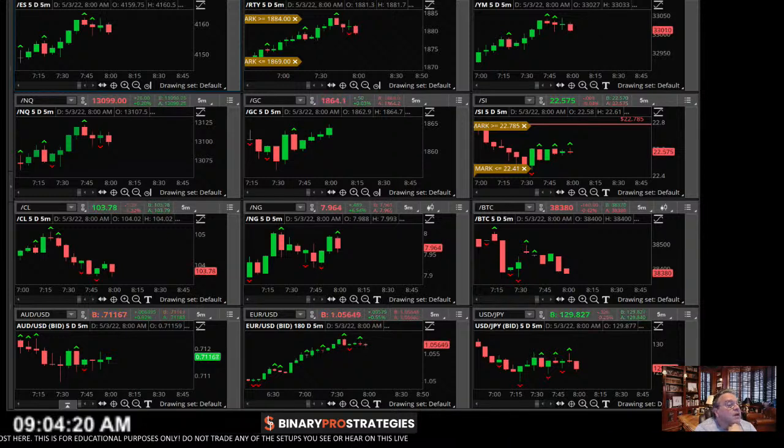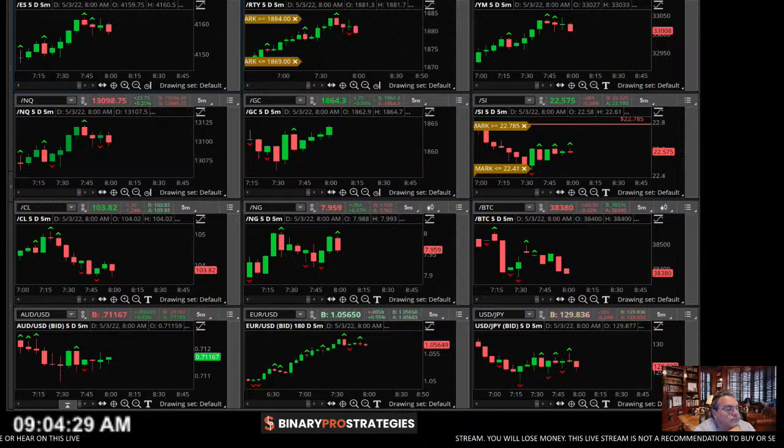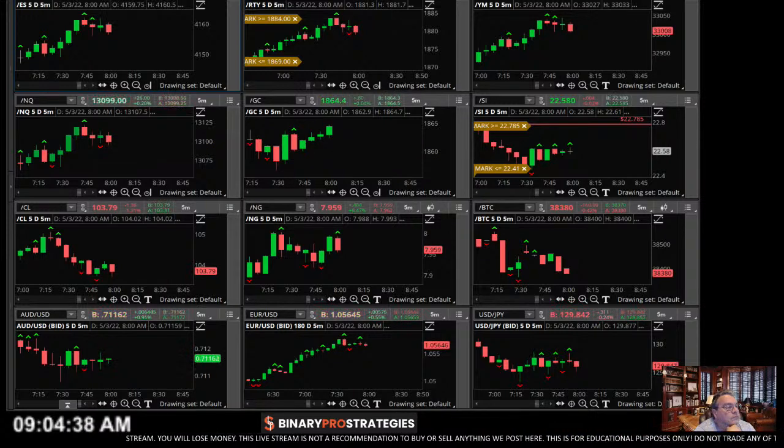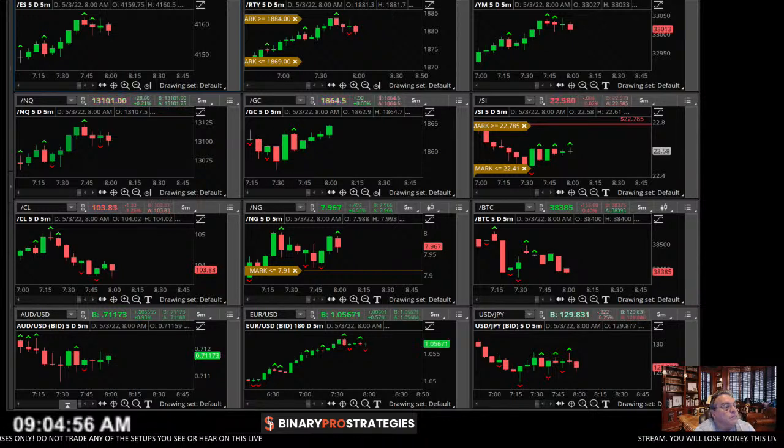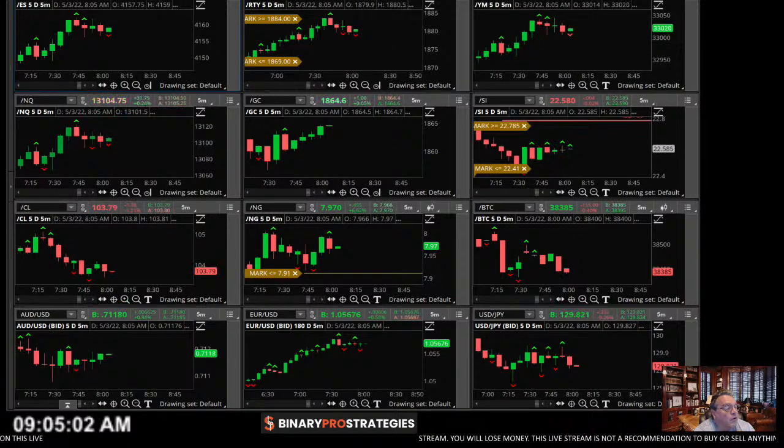Target is going to be 7.91. And if we need to reverse on this natural gas, we're going to reverse at 8 even. That would be our reversal if we don't already hit target.